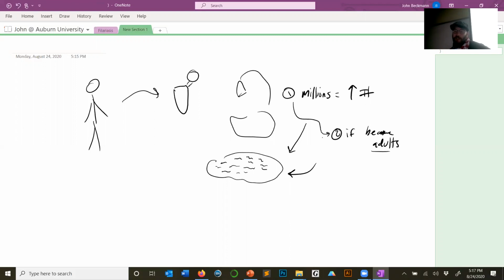So he knew that this was not happening. He knew these microfilaria were not becoming adults in the human body, because if that happened, people would die. And you don't die from elephantiasis or filariasis. It just destroys your body over a long period of time. So he knew this was not happening.